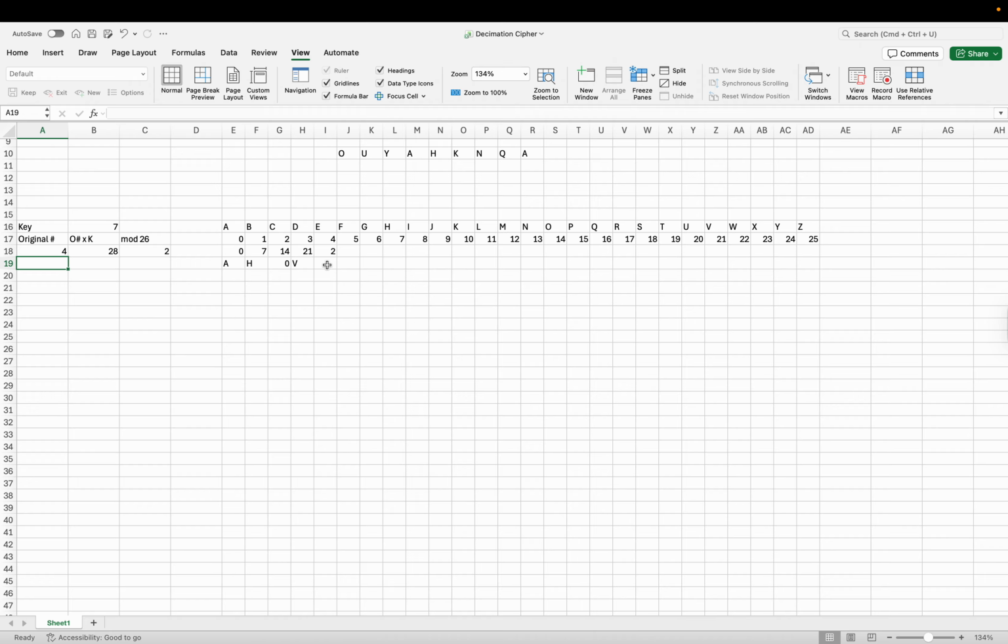So that is 2. 2 is C. What did I do here? 14 is O. I think I did 0 instead of O. So let's put a 0 in there. 5, that'll give us a 9.